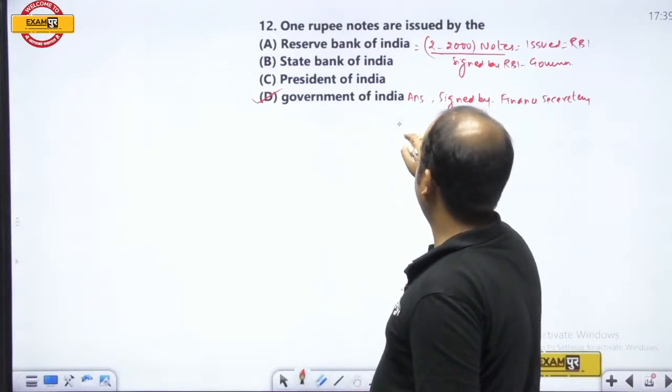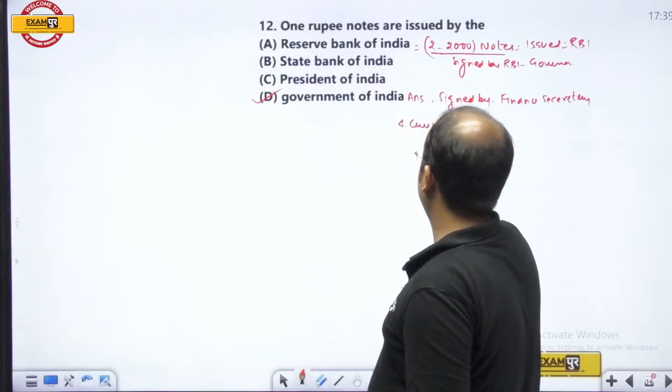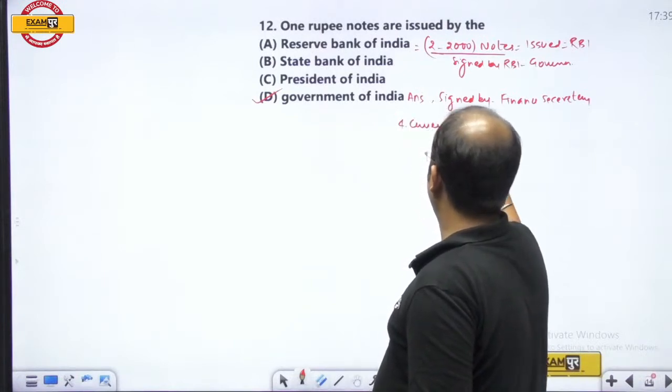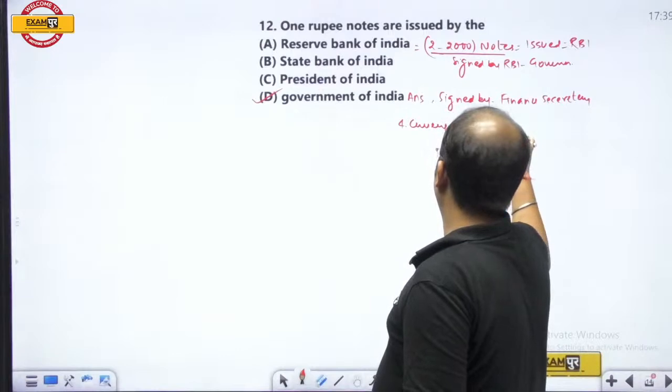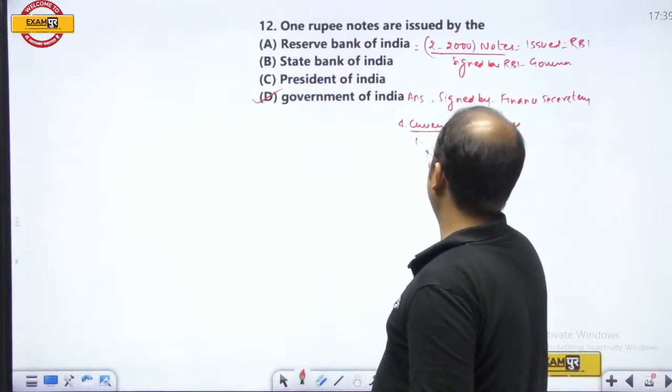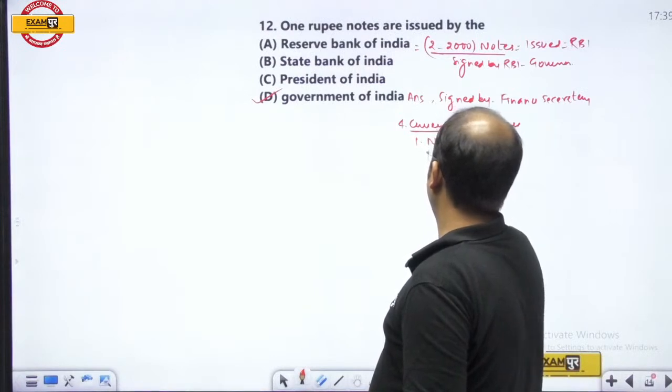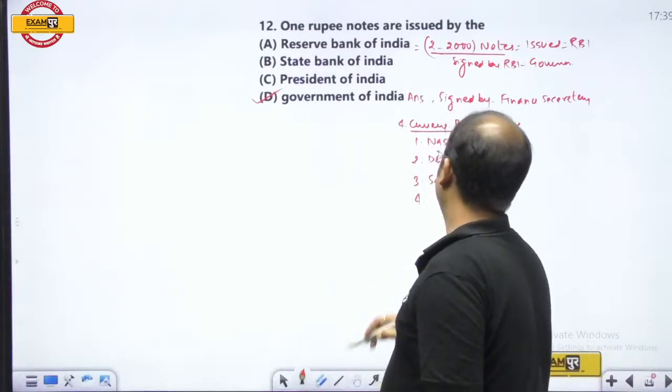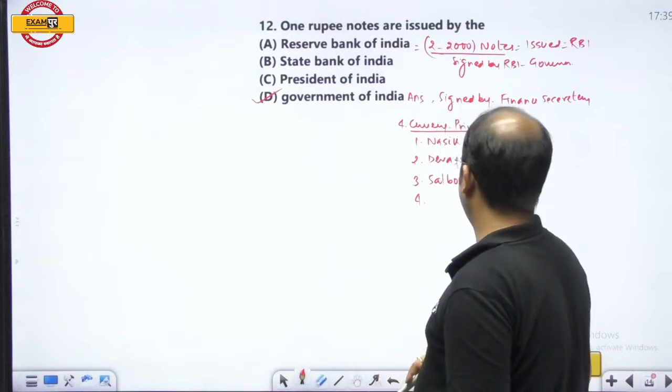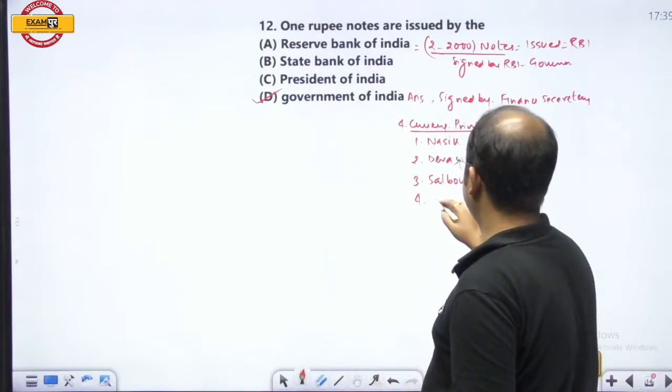And we have 4 currency printing presses. First one is in Nasik, Devas, Salboni, and there is one more place, that is Mysore.